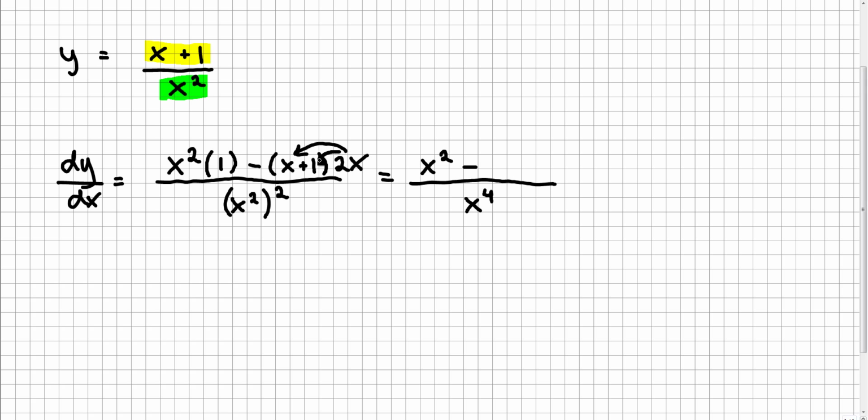So 2x times (x plus 1). I'm going to keep the bracket. 2x times x is going to be 2x squared, and then 2x times 1 is going to be plus 2x.